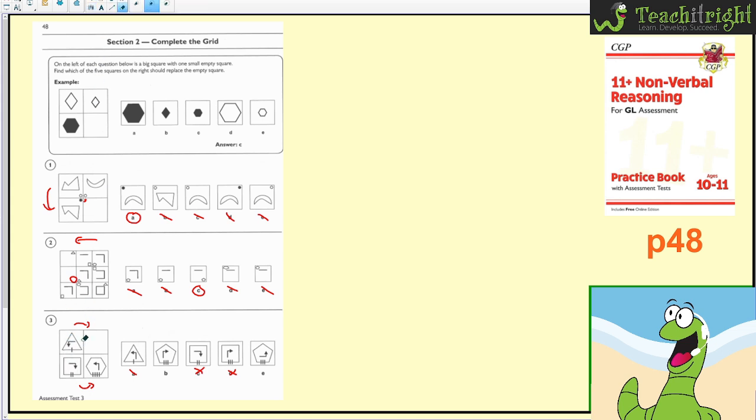If that one's bottom left, that one's bottom right. So if that one's top left, that one should be bottom left as well. That doesn't quite match up either, so I don't think it's that for this one. How are we getting a reflection? That's not any kind of reflection there. That's not any kind of reflection there.